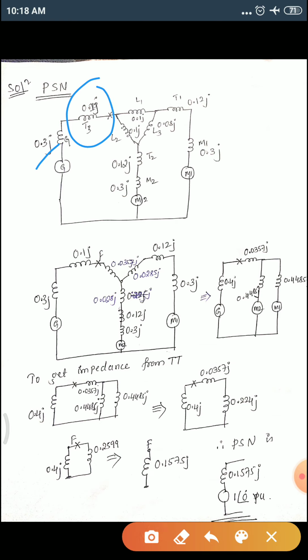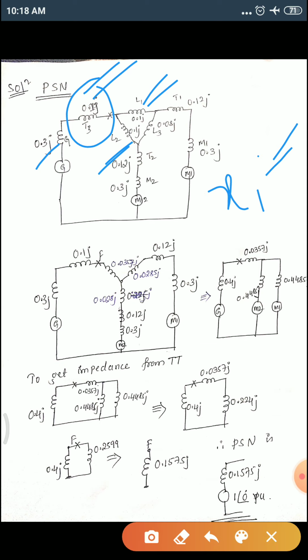Please remember this is the T3 transformer. Similarly, write all positive sequence x1 values of each component: generator x1, transformer 3 x1, line 1 x1, line 2 x1, and all x1 values have to be substituted.